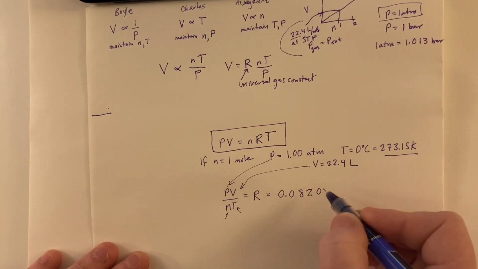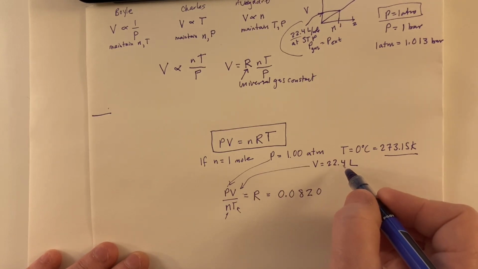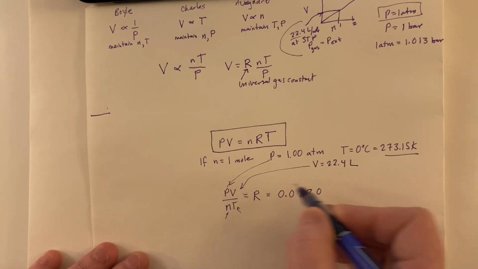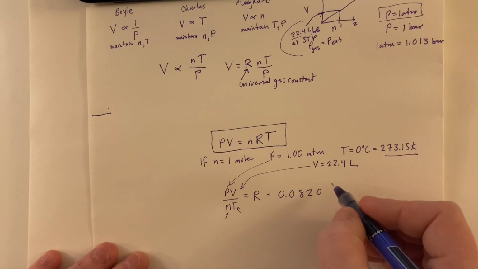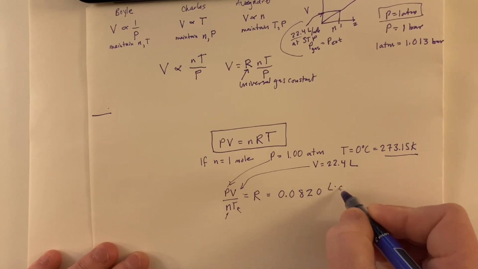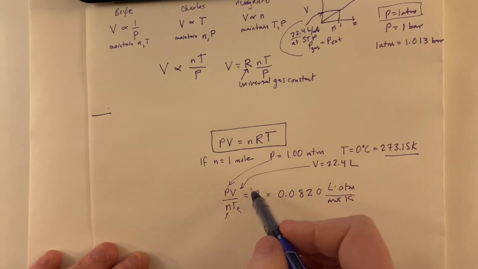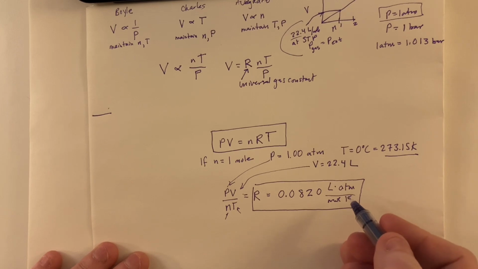I could get more digits here if I have some more digits on this volume measurement. And then it has interesting units, pressure and volume and mole over temperature. None of those units cancel. So I end up with liter atmospheres per mole Kelvin. So here's our R value in these particular units.